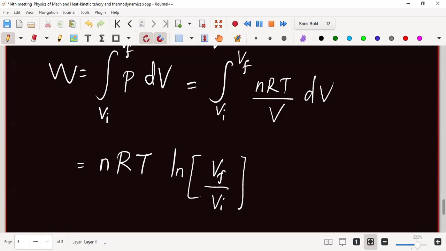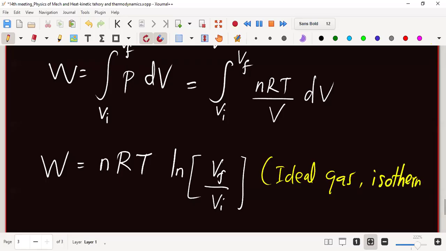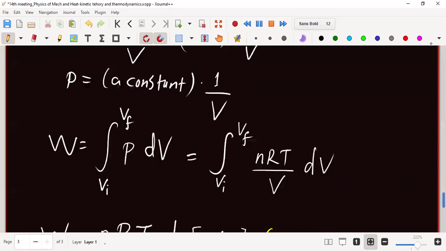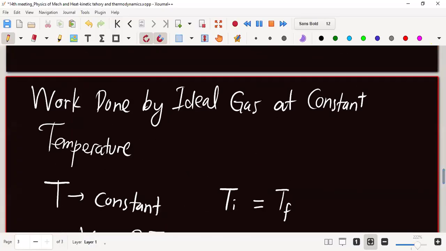So this work is the condition of ideal gas in an isothermal process. Isothermal is equal to constant temperature.